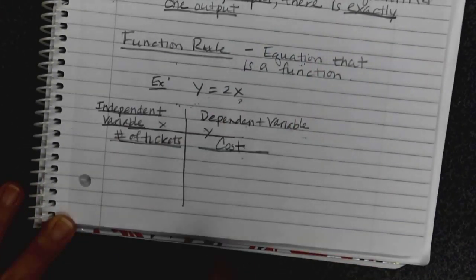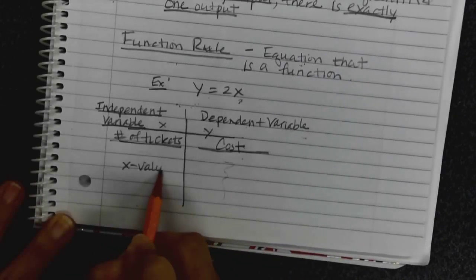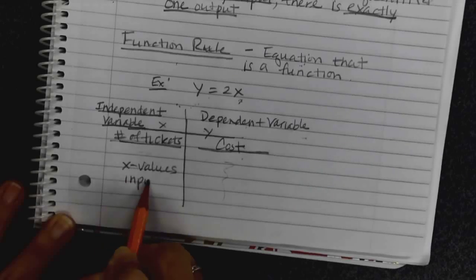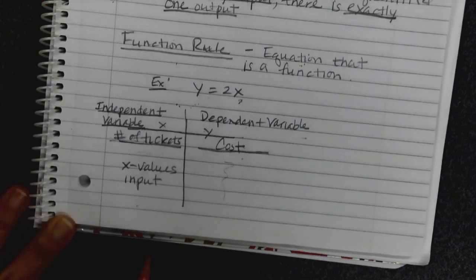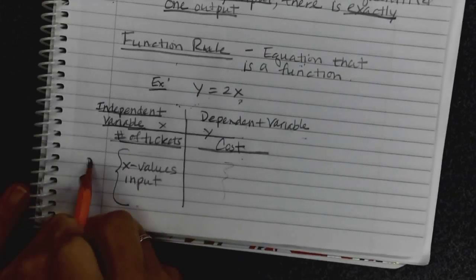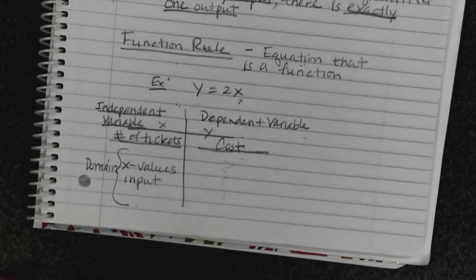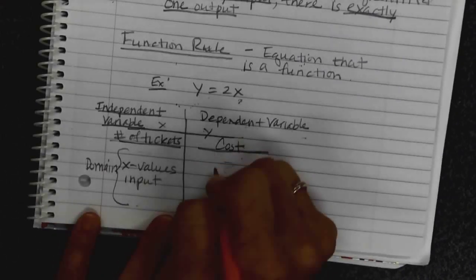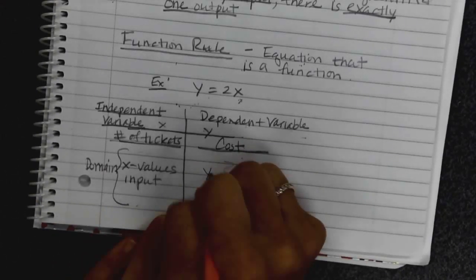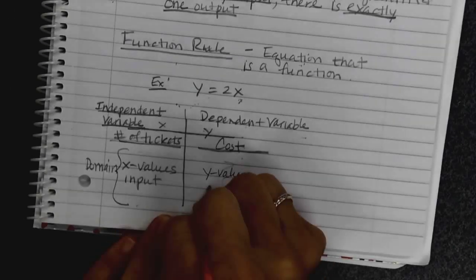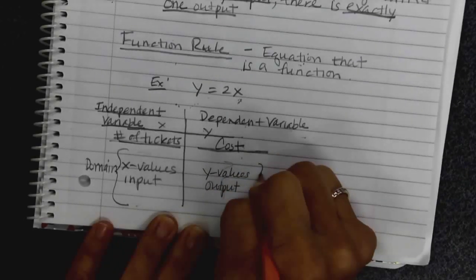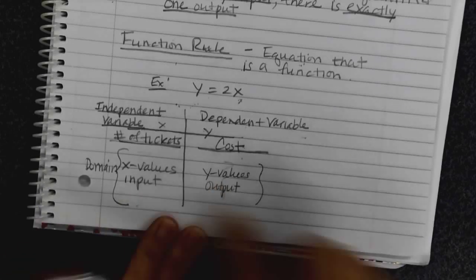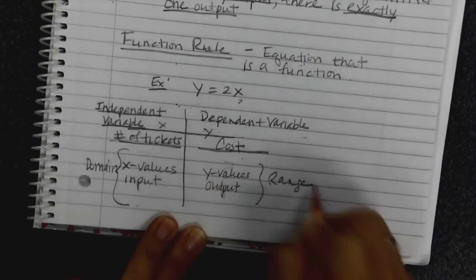Does everybody understand? Now the numbers that go here, those are your x values, or we call those inputs, right? The actual numbers are called the domain. Okay? And the y values, or your output, these actual numbers that you list over here, those are your range.